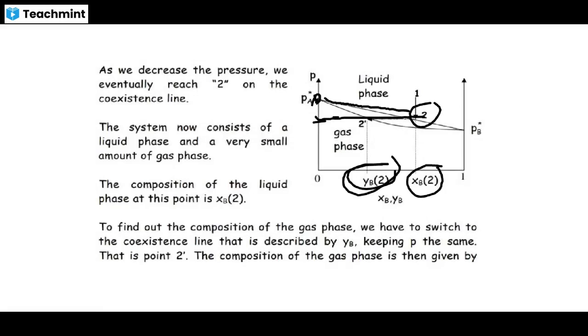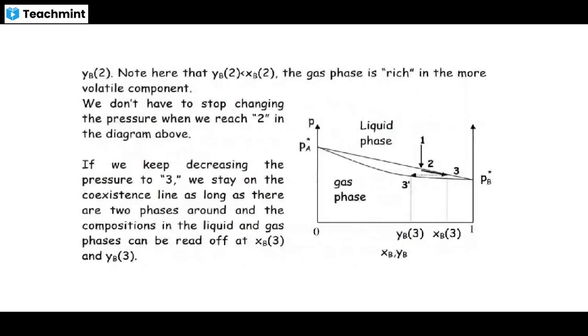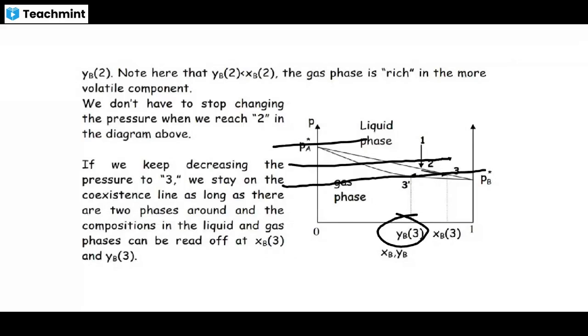Okay, so simple. Then decreasing the pressure further, this is the pressure at 2, then decreasing the pressure further to 3, you take the straight line and you get the mole fraction here. Now the mole fraction is higher than at 2. This is yB at 2, this is yB at 3.